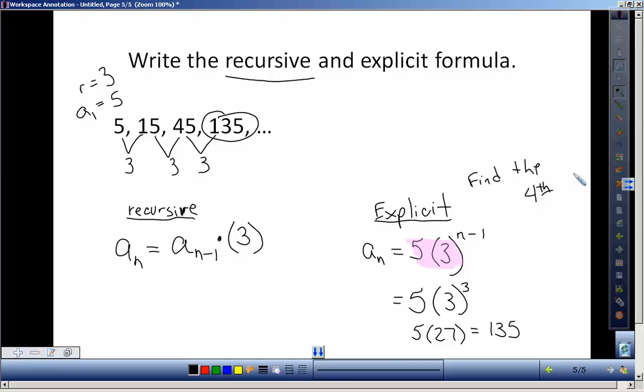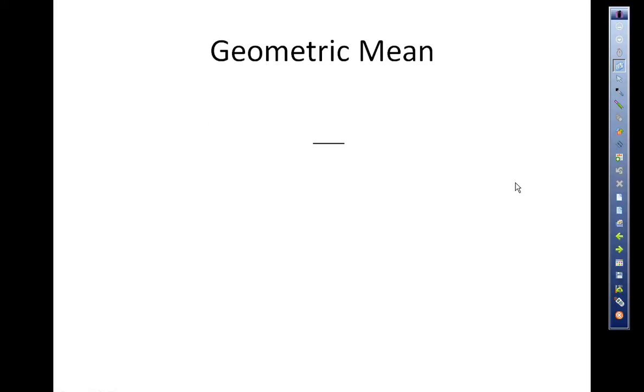Now, just like with arithmetic sequences, we learned that to find a missing term in between two numbers in the sequence, we would have to find the arithmetic mean: add them and divide by 2. However, with geometric sequences, it doesn't work that way because we're not adding, we're multiplying. So how do we find the geometric mean?